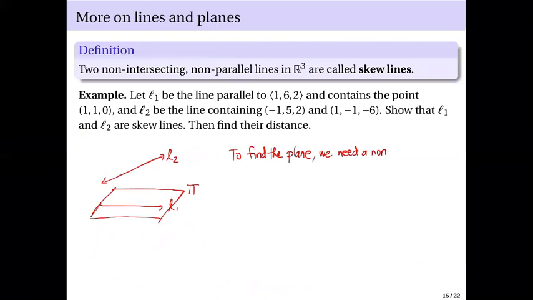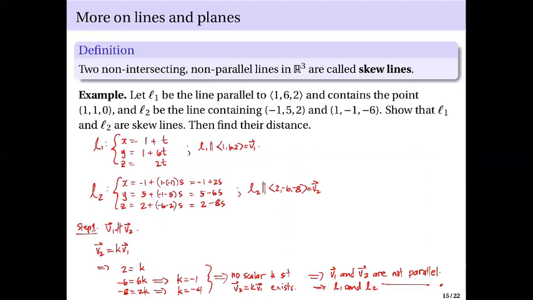This normal vector is obtained by getting the cross product of the vector v1 and the vector v2. Let's look at those vectors. In here, this is your v1, this is your v2.